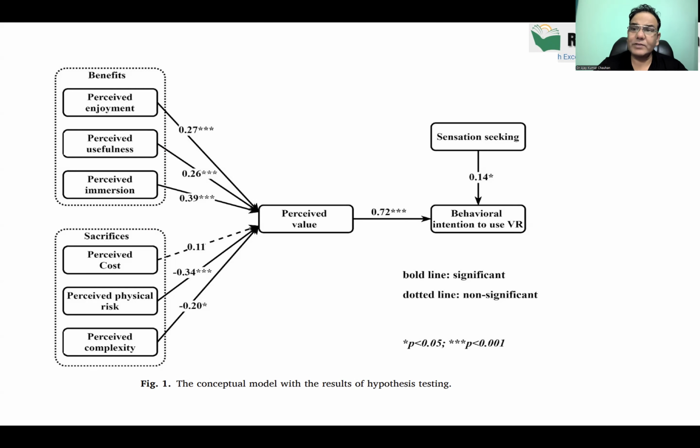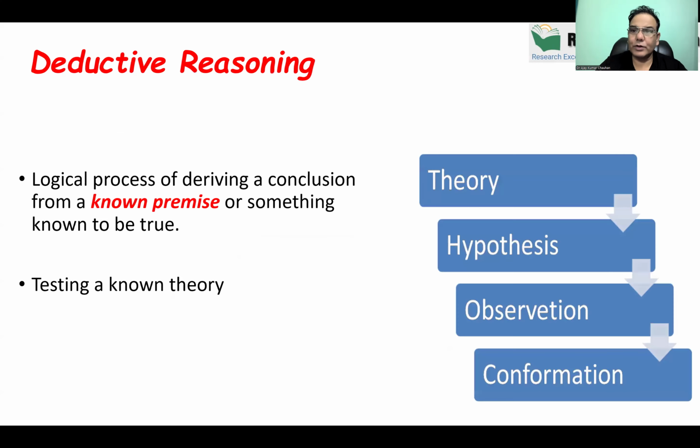In one sense, we are confirming that this theory is applicable on the product. कहीं ना कहीं हमारे दिमाग में ये है कि ये थ्योरी इस प्रोडक्ट पे भी अप्लाई होती है. So we have a premise that this theory is applicable on this product. This kind of premise is known as the deductive reasoning approach.